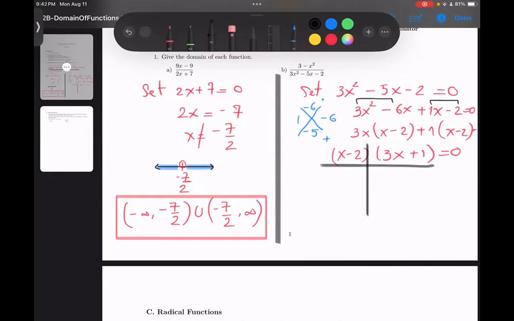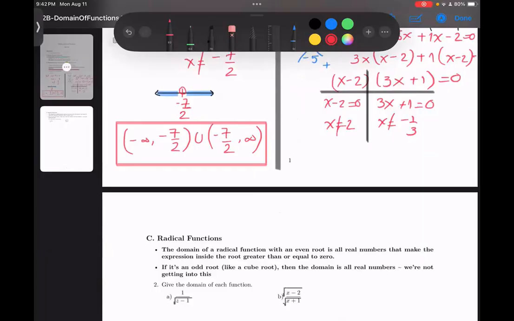This implies either x minus 2 equals 0 or 3x plus 1 equals 0. So x equals 2 and x equals negative 1/3. Or rather, not equal to, right? This is what we don't want.